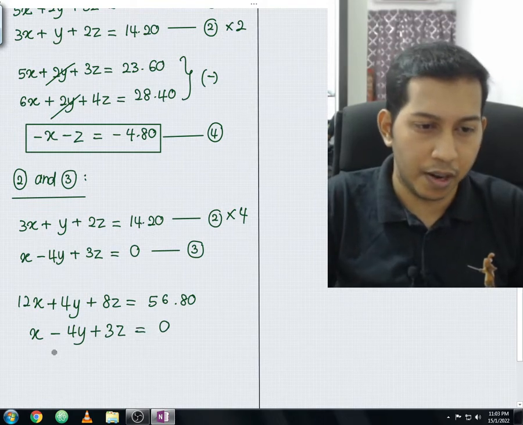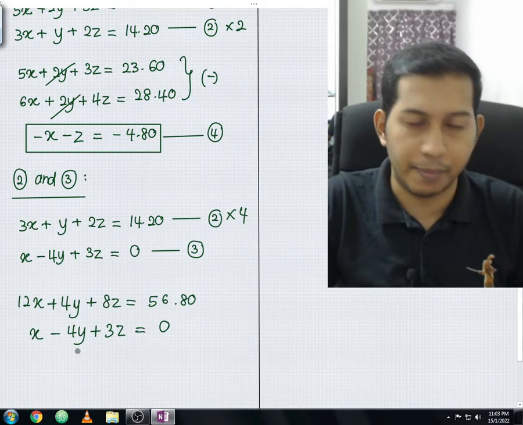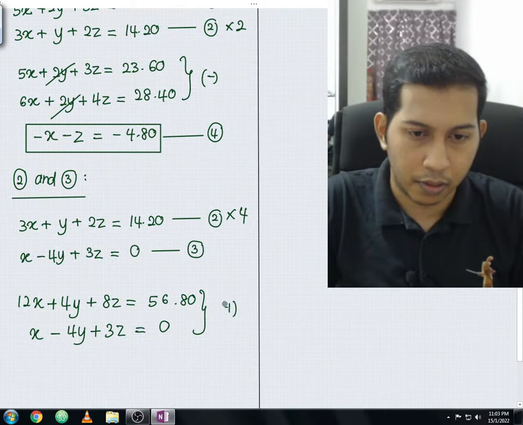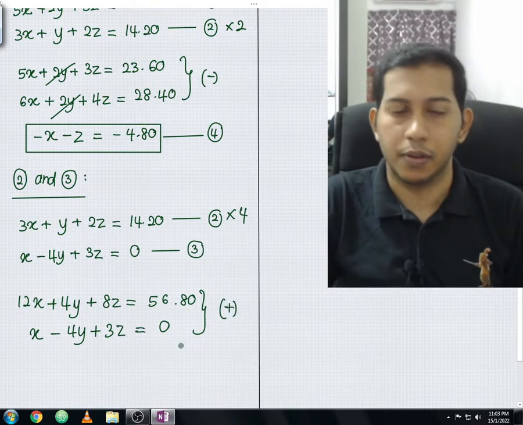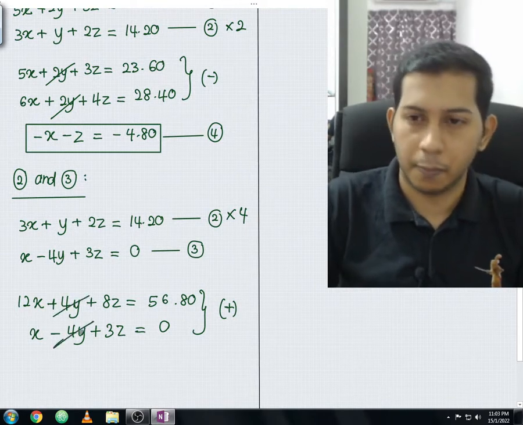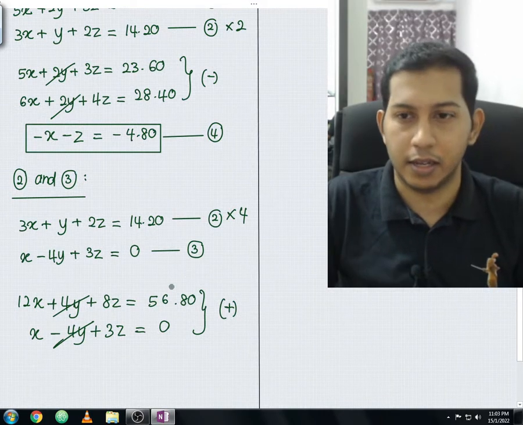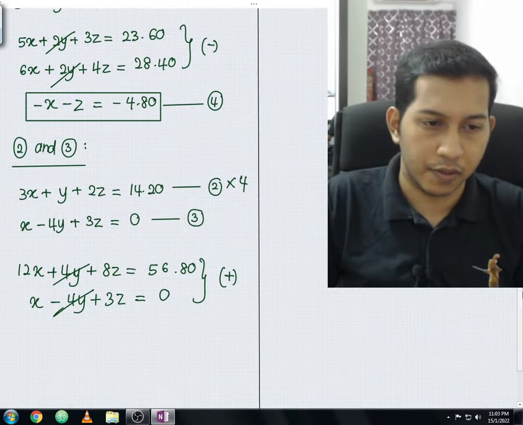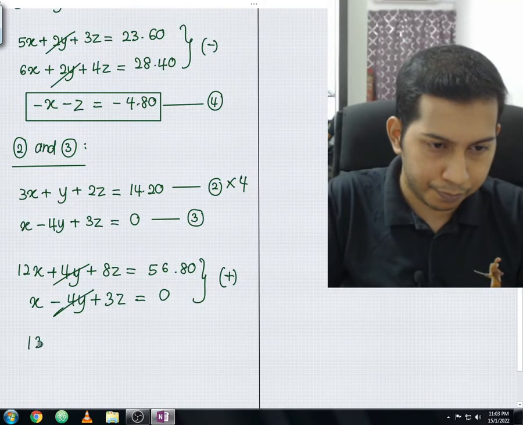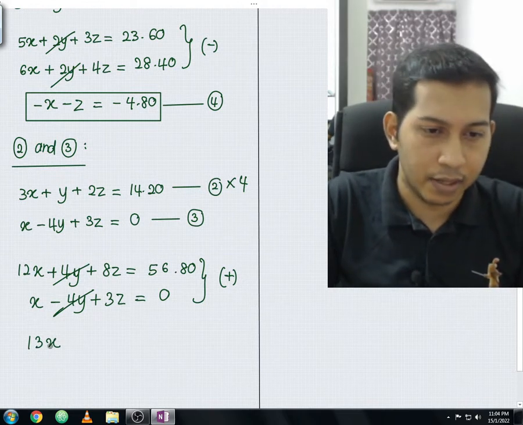In order to eliminate the y variable, you can just add them together because you have plus and minus, right? So the y variable will get cancelled off. You're only left with the x and z variables together with the number. 12x plus x gives you 13x. 8z plus 3z gives you 11z.